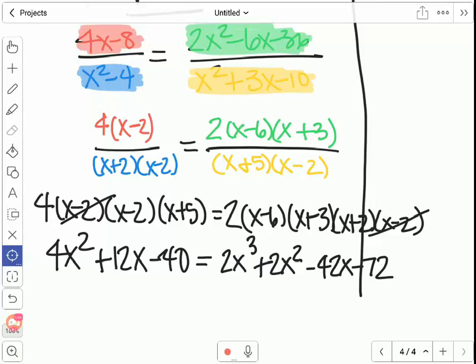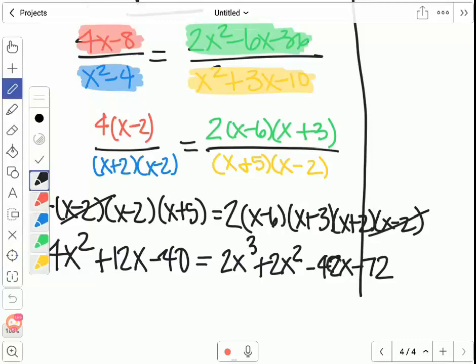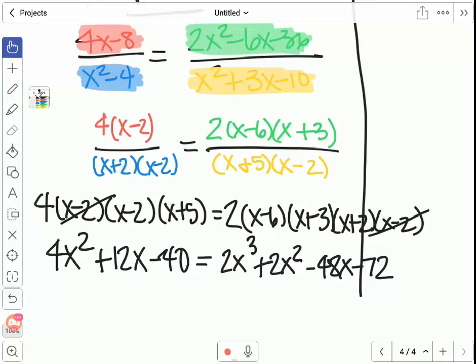Okay, that should be negative 48x right there. That should be a negative 48x. That's a terrible looking 8. We'll just do this. Look, there's a negative 48x. Okay, so that should be the answer to that question. Well, that's not the answer, but that's as simple as you can get it without graphing it.